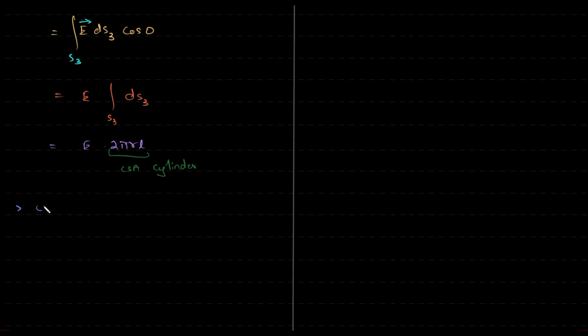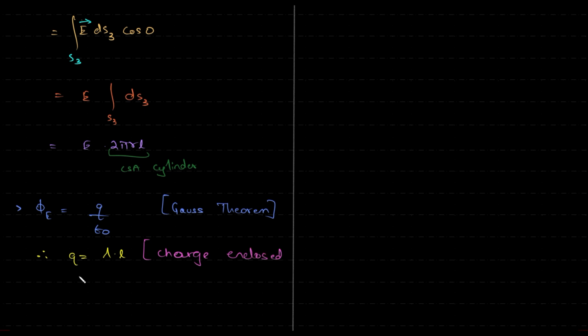So next part, the electric flux is also given by Q by epsilon naught, as per Gauss theorem, and the charge density is lambda. Therefore, Q is equal to lambda L. That is the charge enclosed by the Gaussian surface.